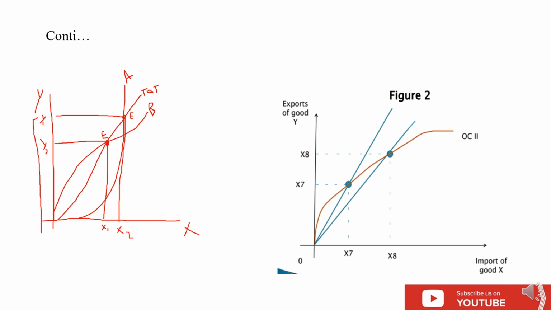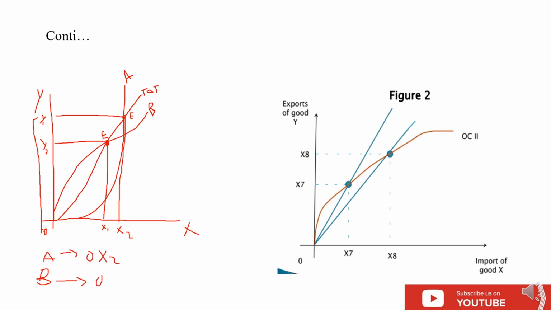So this is the equilibrium point because country 1 or country A wants to export 0 to X2 commodity and country B wants to import 0 to X1 commodity.